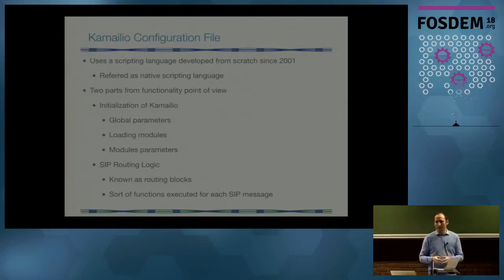If it's a telephone number that looks like a mobile number, then you can send it to a gateway towards mobile PSTN networks. So it's up to you to decide everything to the very small details, including authentication.